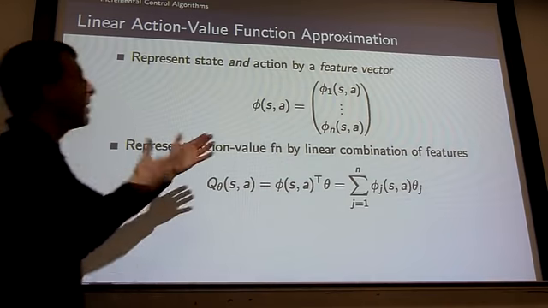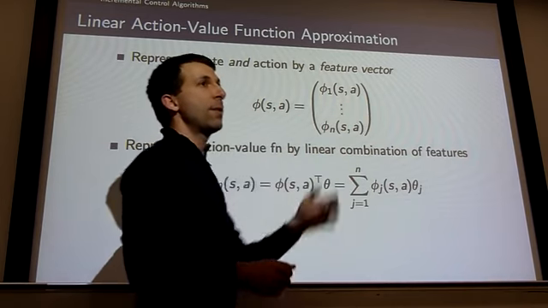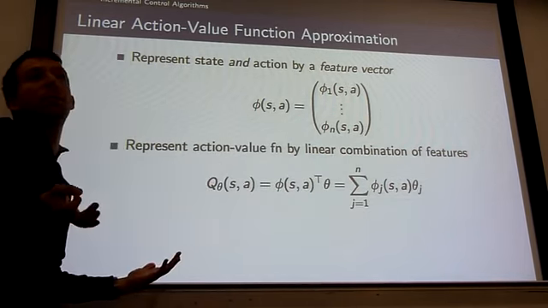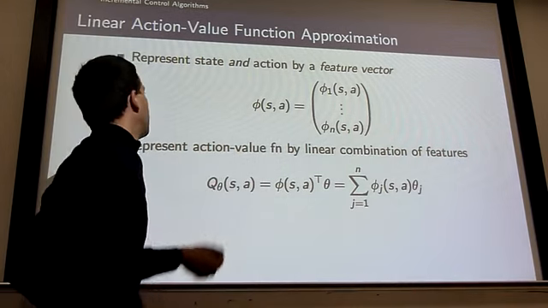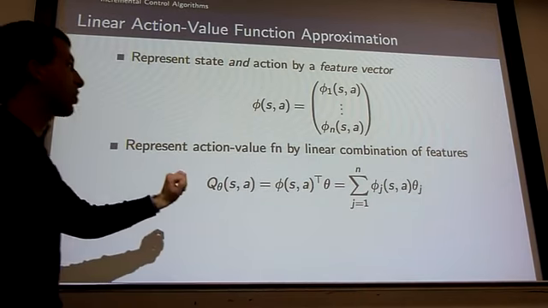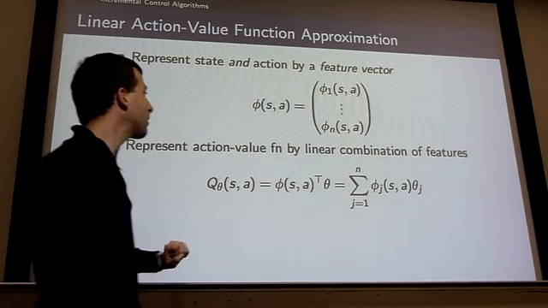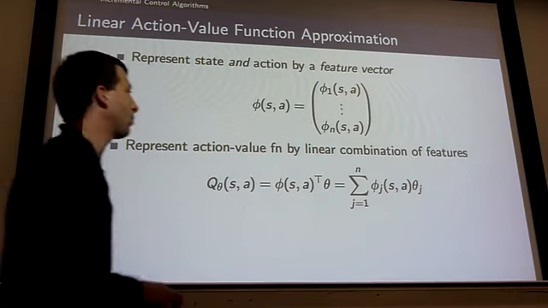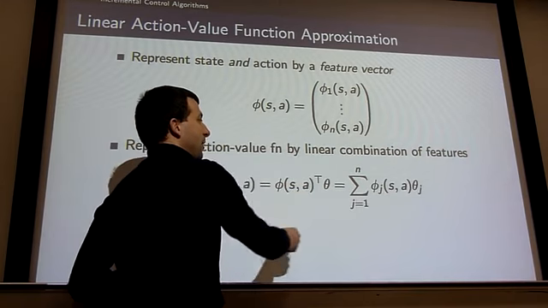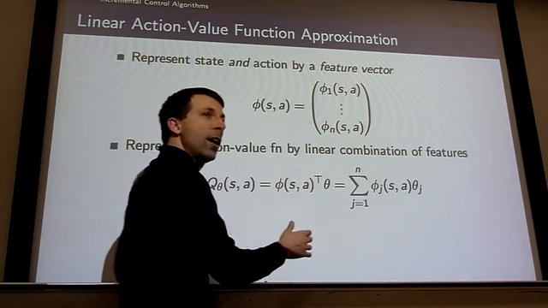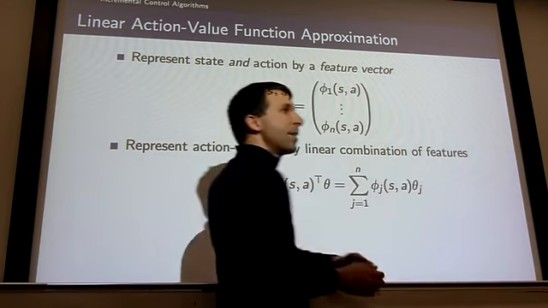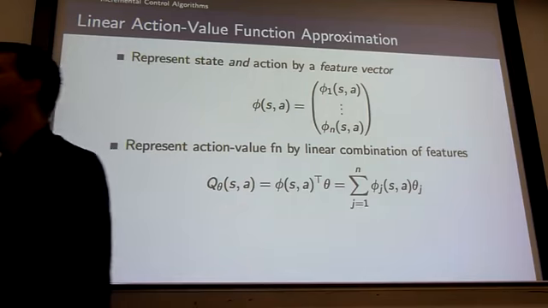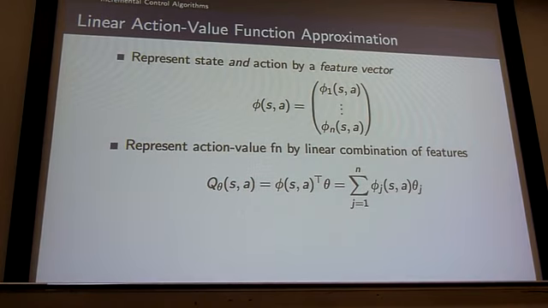So we're picking out features of both the state and action space. We're picking out features capturing the essence of what's important in the state space and what's important in the action space jointly. We're going to represent the action value function by a linear combination of those features, just as before. We take the dot product of our feature vector with parameters, which we can think of as summing over those features multiplied by some parameter saying how good it is to have that particular feature present, or a big value in that feature.